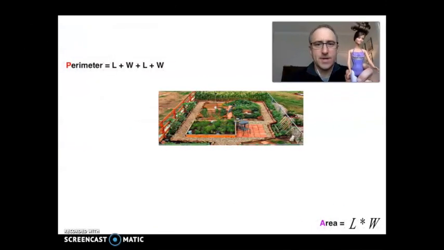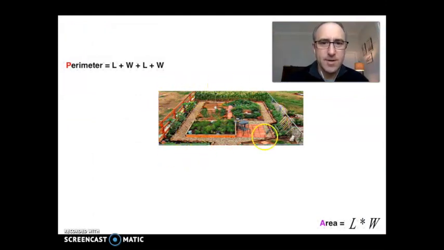If this is Barbie's garden, and we want to find the perimeter of the garden, because she's going to fence it in, we would need to measure the length of the garden. And when we do that, it's 10 feet long. When we measure the width of the garden, we find that it's 5 feet wide. To find the perimeter, we're going to add those together.